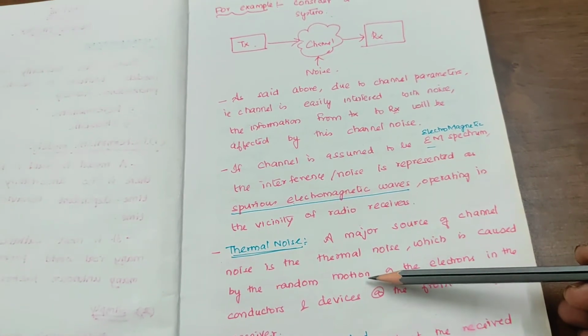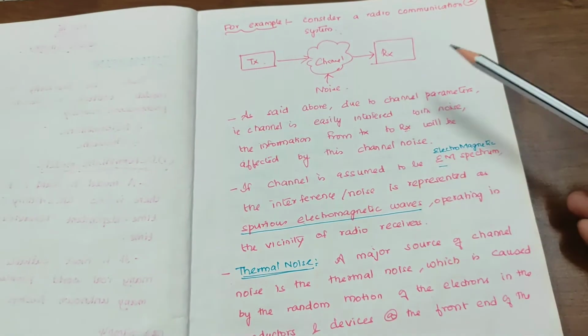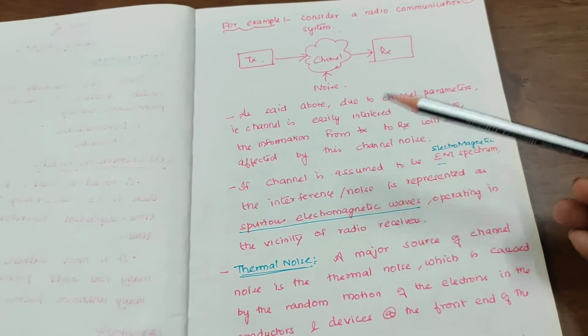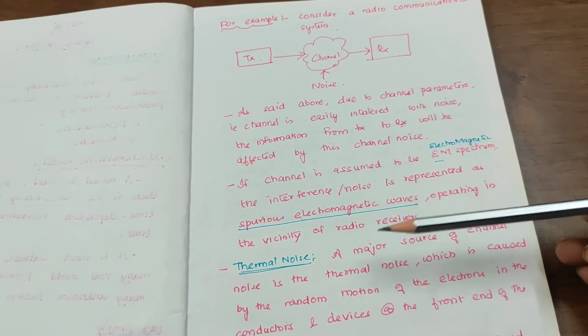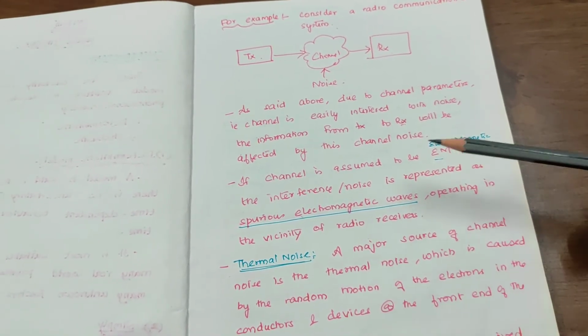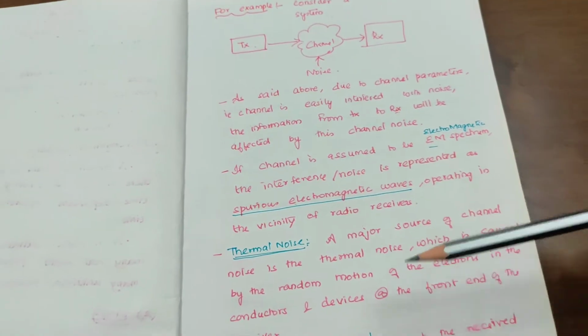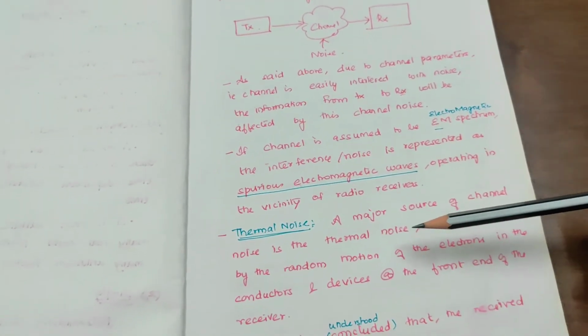We should understand that the transmitter section and receiver section are made up of electronic components. When those components are switched on, there will be a current flow, a flow of electrons, that is charged particles, that may result in thermal noise. That is the actual part you should understand.